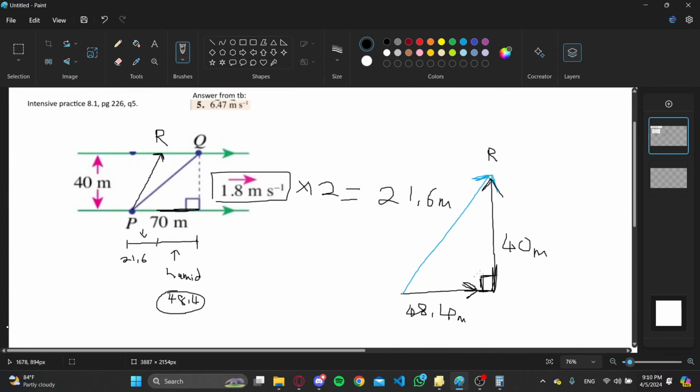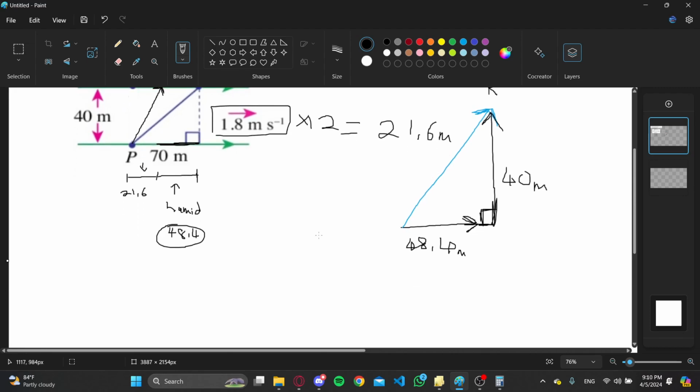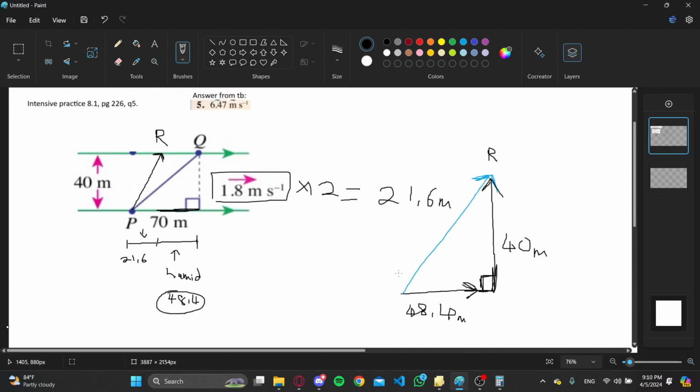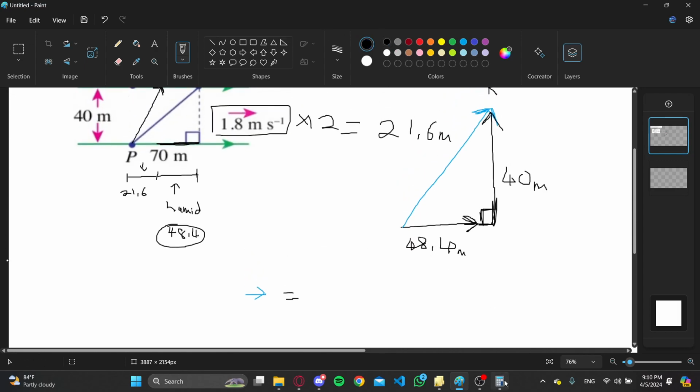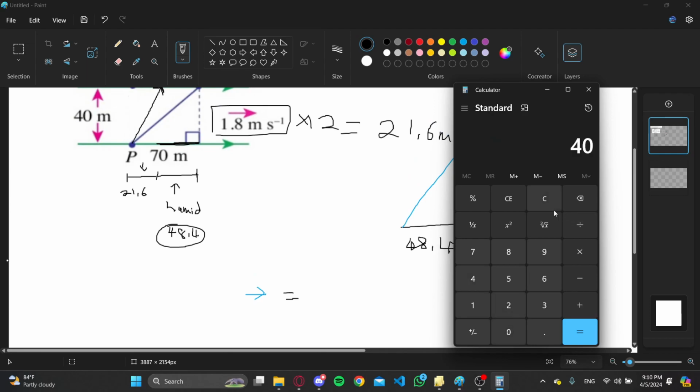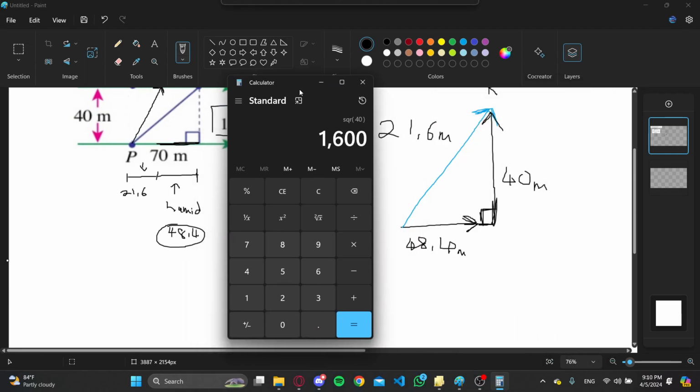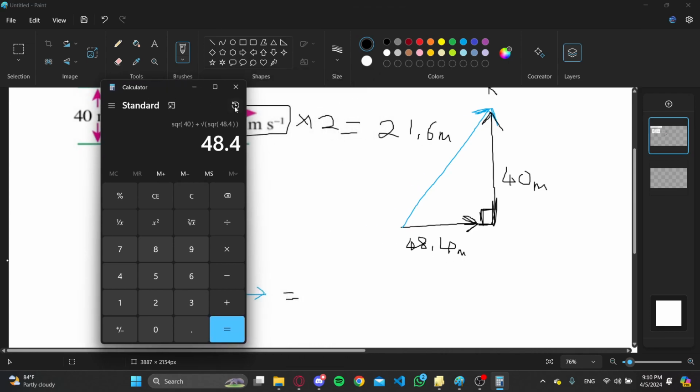Okay, yeah, this is kind of all over the place, but let me just compute that answer first and show you. So this blue vector should be equal to 40 squared plus 48.4 squared, all square rooted.